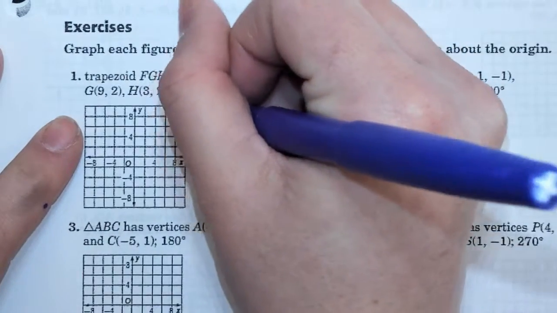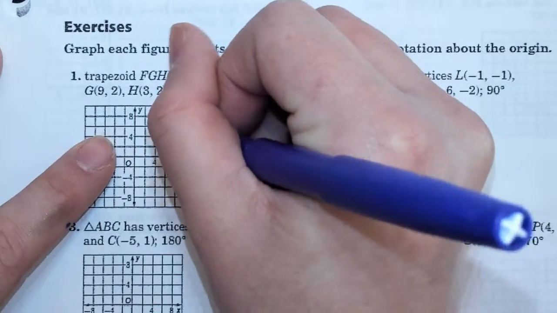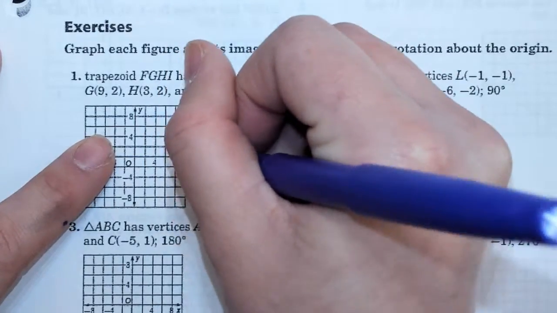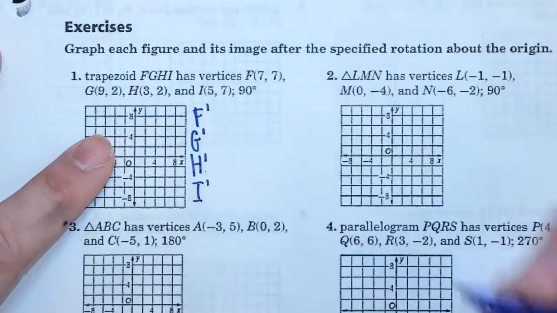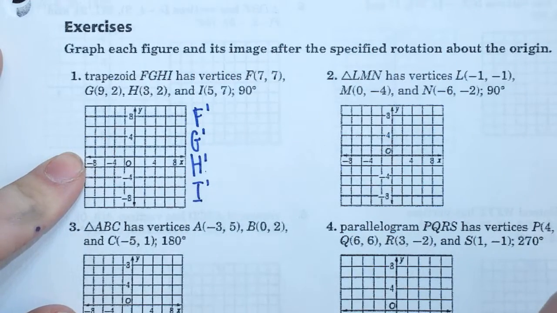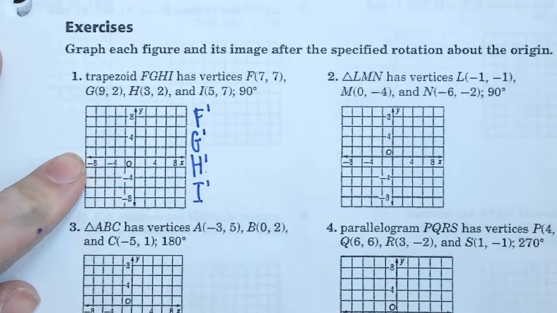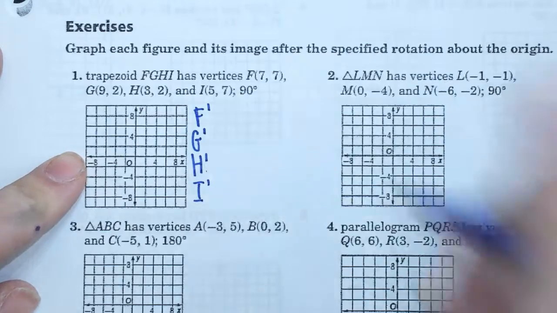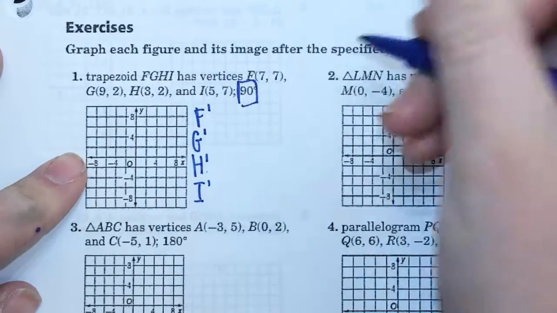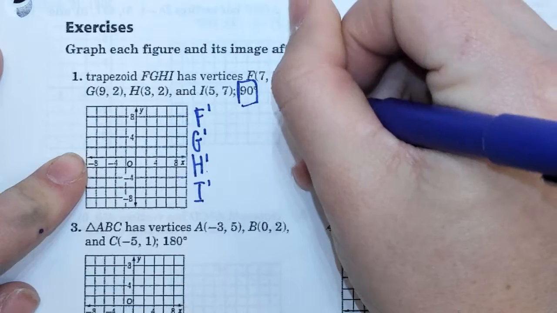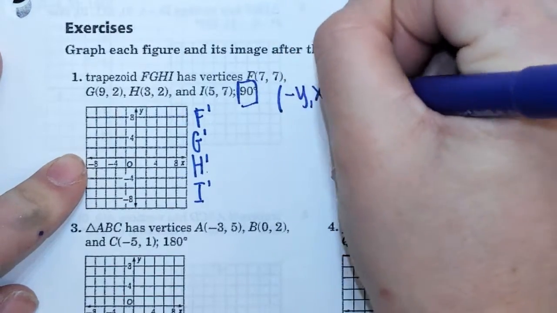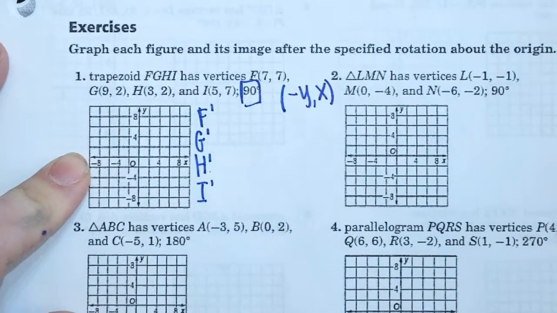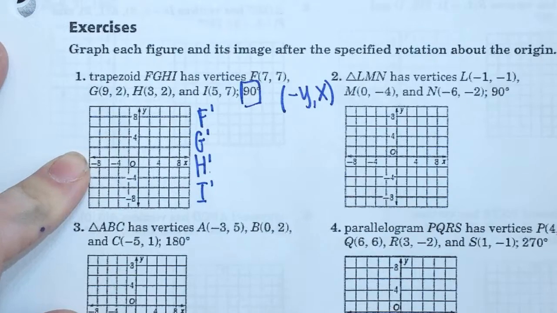Okay, so here's what I would do. F prime, G prime, H prime, I prime. If I were you, I would switch your letters first because we're rotating 90. That means that you have to start by switching and then change the sign of your Y. So I would go ahead and switch the numbers, then change the sign.